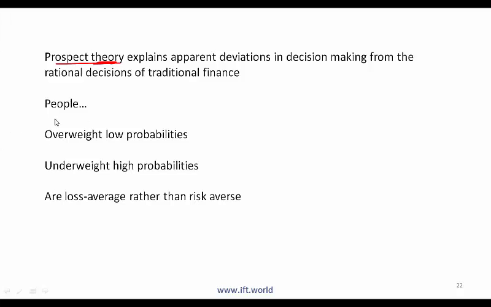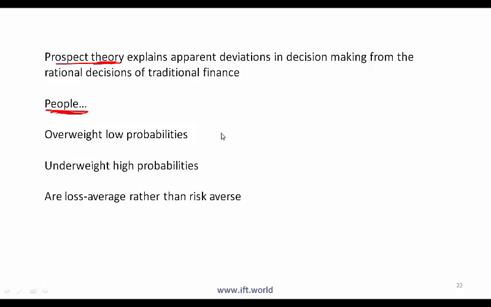So in this prospect theory world, people overweight low probabilities. So if somebody tells you that the probability of a stock going down is 0.2, a relatively low probability, chances are that we might overreact to that, and in our calculations we might take a larger probability than that.